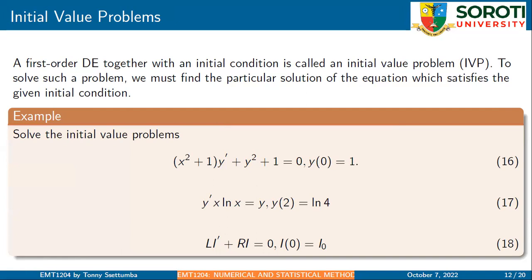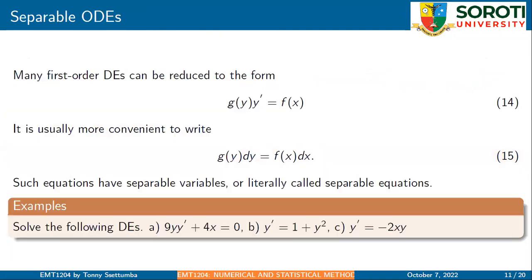To solve such a problem, we must find the particular solution of the equation which satisfies the given condition. So we have this initial value problem given there. Can we find its solution? We haven't looked at this.